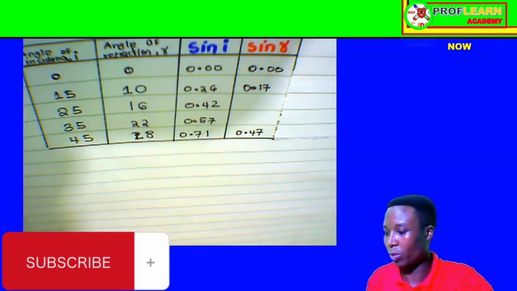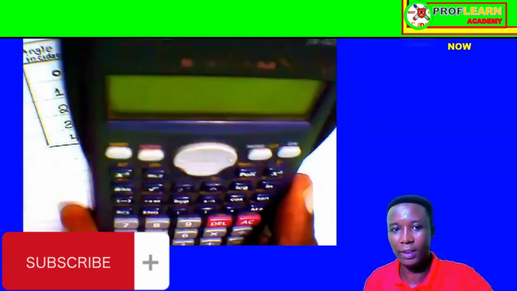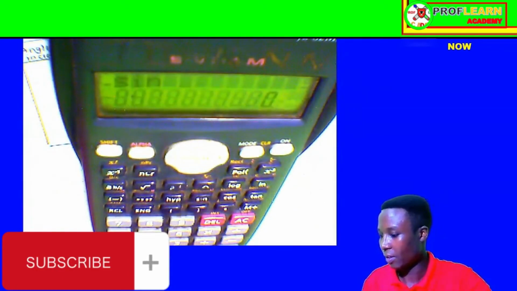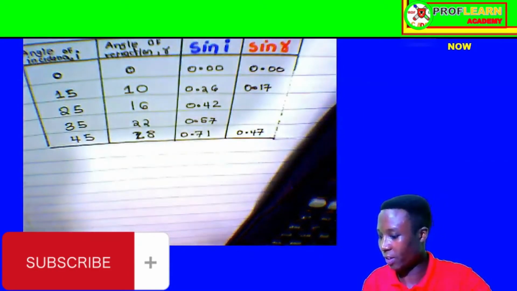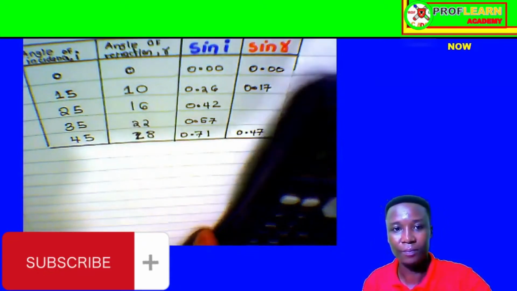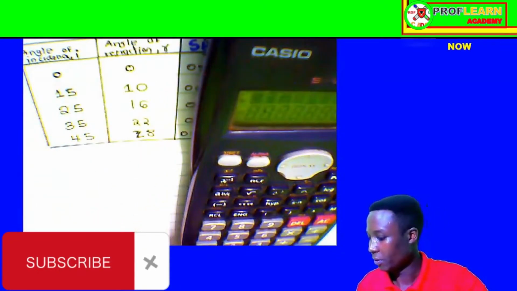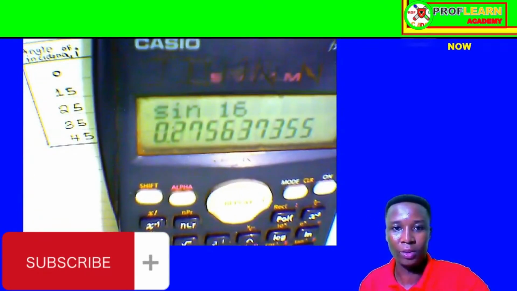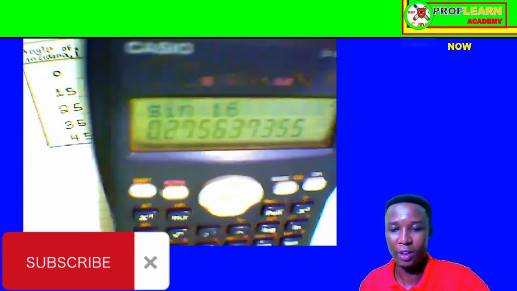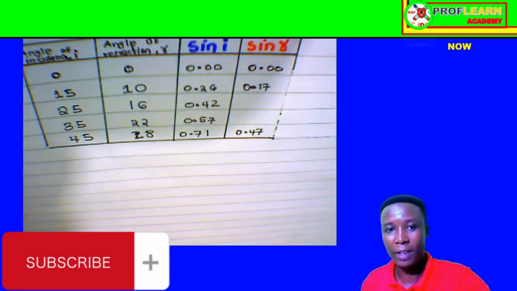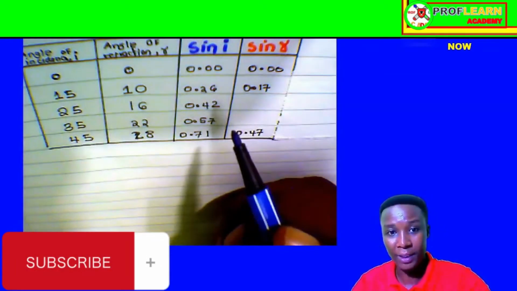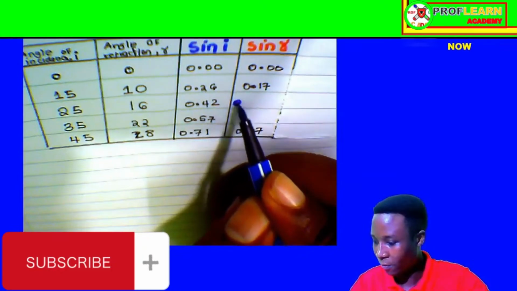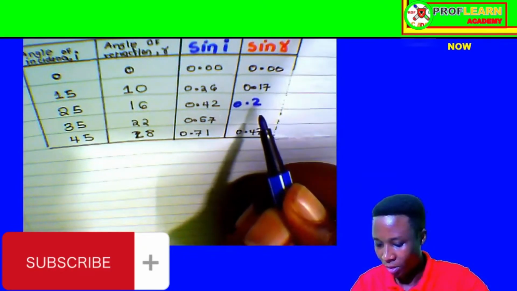So what we are supposed to do, we will need to use our calculator, and then we shall press sine of the angle that is given, sine of 16. We get our answer as 0.2756. So we have to write this number according to the number of decimal places that are given in this table. So we are going to get our answer as 0.28.